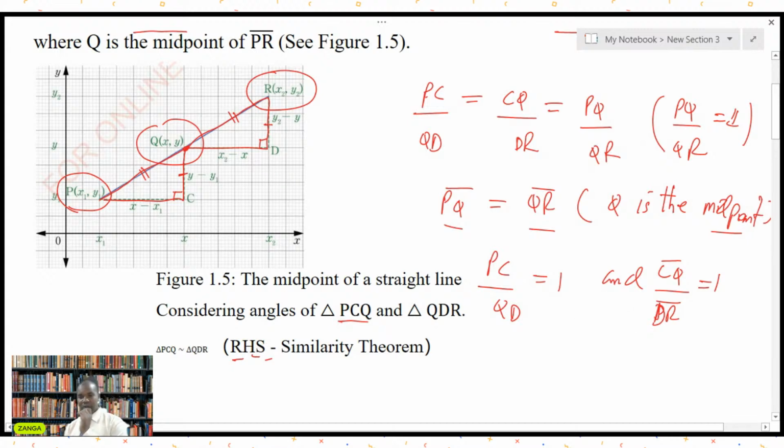So to proceed with the derivation, I'll be going on with this part to see the relationship between x1, x2, and so forth. So PC, as we can see here, is x minus x1. So x minus x1 over QD, which is x2 minus x, is going to be equal to 1.